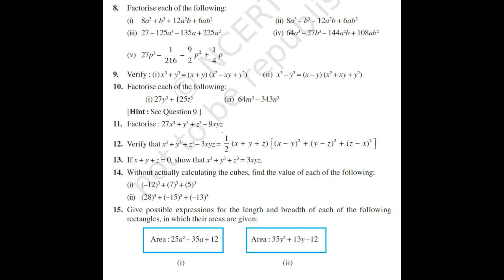Moving ahead to question number 9. Question number 9 says verify the following. And for the first part, we have x cube plus y cube is equal to x plus y multiplied by x square minus xy plus y square.